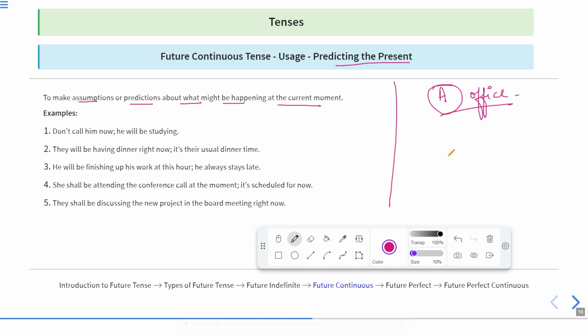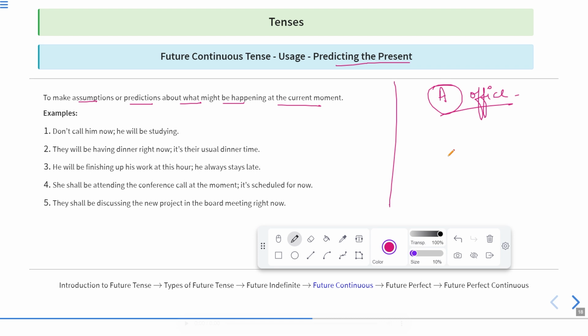So he's thinking what currently will be going on in his home right now. Okay, because he is in office, he can only imagine. He cannot say anything with surety. But according to the schedules or the routine of people, he is just thinking about what will be going on or what currently is going on in his home.